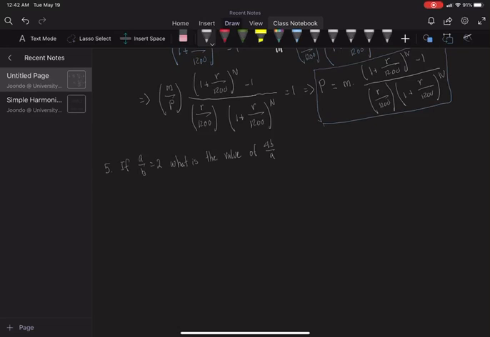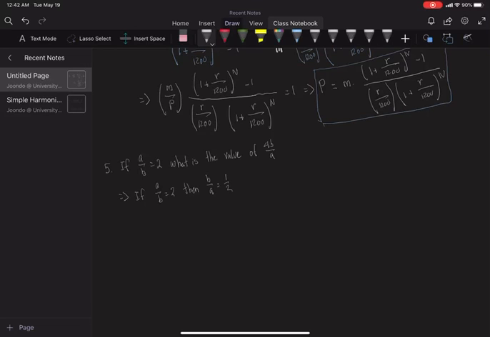Okay, so if a over b is 2, then b over a is going to be 1/2.